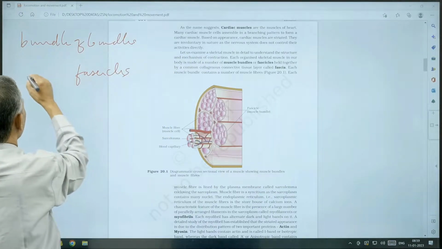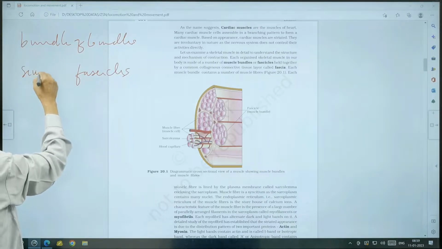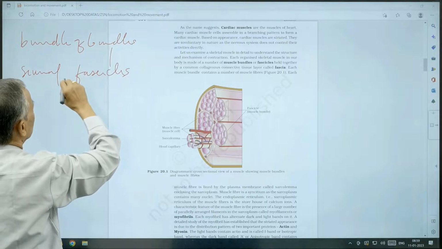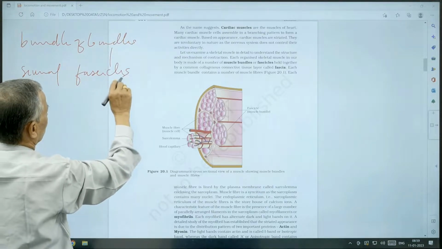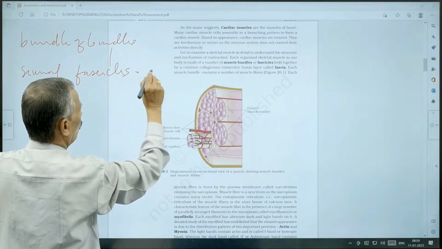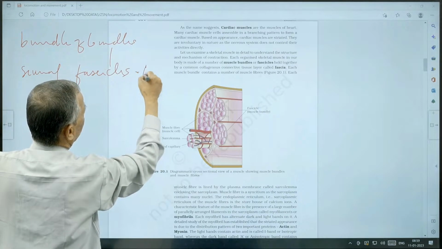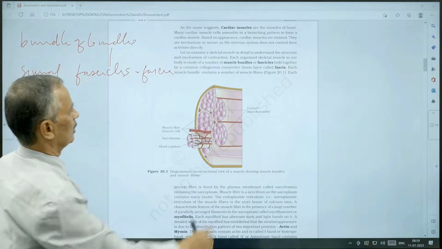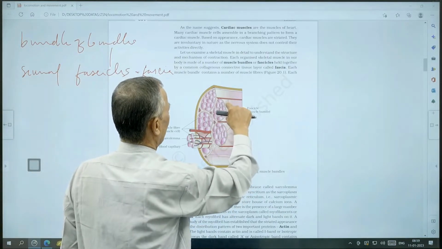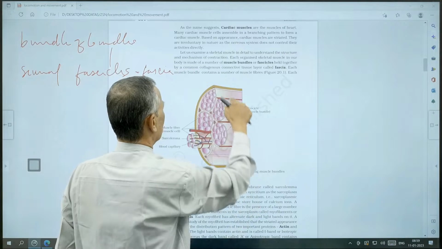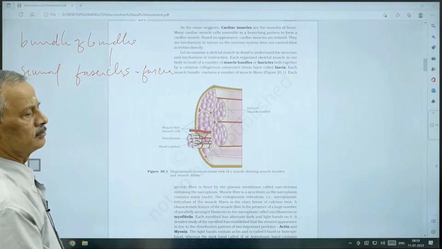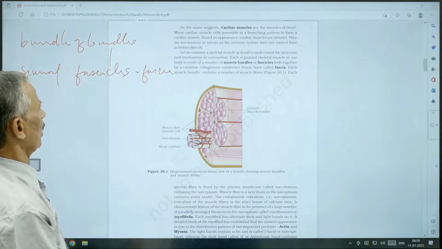Each bundle is called a fascicle. Several such fascicles are covered over by a common covering called fascia. Okay, you can see fascicle, interfascicle, several fascicles which are all covered by a common covering called fascia.